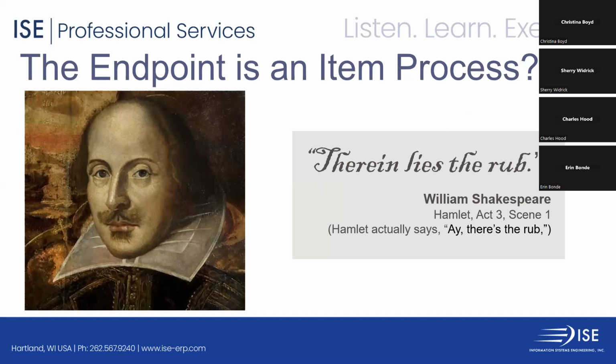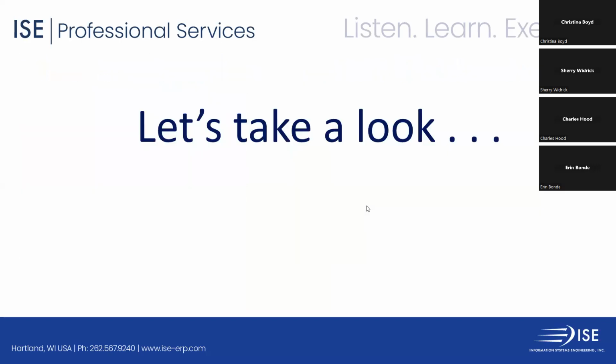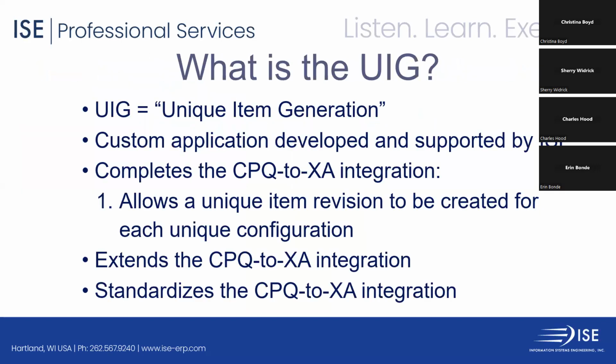Okay, but that's the issue. We're ending in an item process, hence the shocked-faced emoji over there, because what we want, let's take a closer look, is we want a unique item revision with its own unique item warehouse, because then you have the mega flexibility of all the extra fields. Yeah, the process has a cost, a price, and a description, a BOM, and a routing, but an item revision has a ton more.